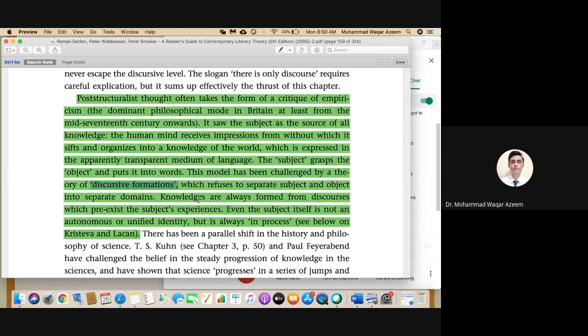Even we ourselves are part of that discursive formation. Our thinking has already been made by an existing system of knowledge, and we just keep repeating and replicating what is already a confirmed body of knowledge, and there is nothing new that we are producing.